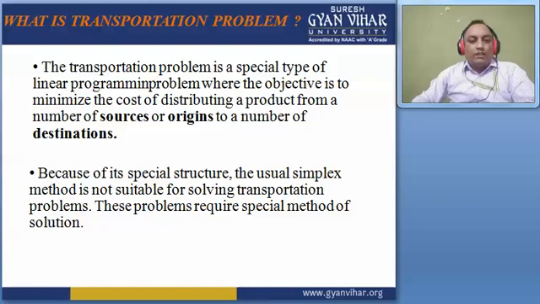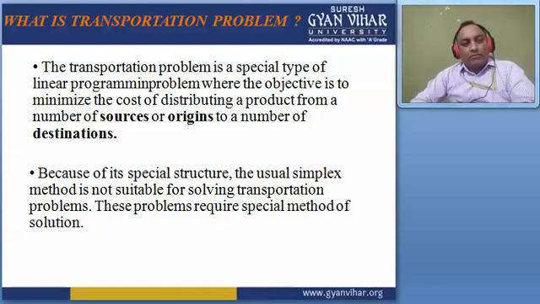Now move to the next slide. What is the transportation problem? The transportation problem is a special type of linear programming problem. Means this type of problem is related to linear programming problems.